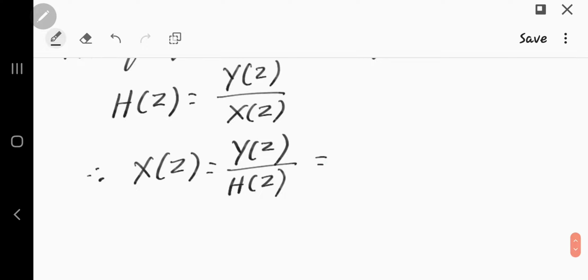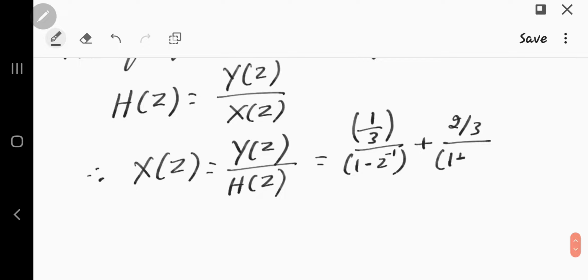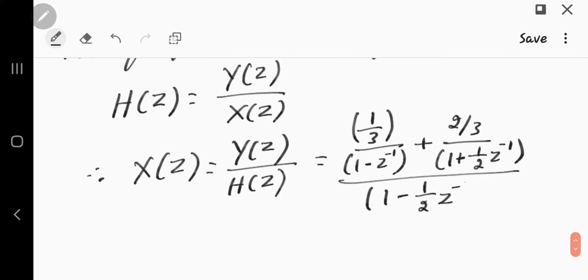Now, substituting these values of y of z and h of z, for y of z we have 1 by 3 divided by 1 minus z inverse plus 2 by 3 divided by 1 plus 1 by 2 z inverse, whole divided by 1 minus 1 by 2 z inverse.